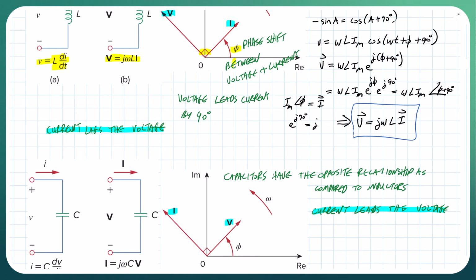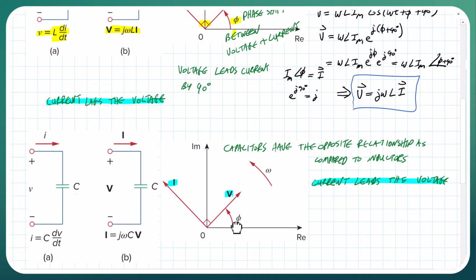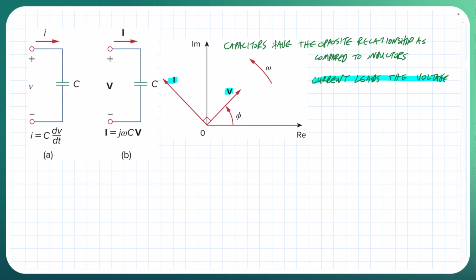And then we can further derive this here. Our relationship here, going from our time domain to our phasor domain, is this. Let's derive this as well. For the capacitor, we assume the voltage across the capacitor is v equals Vm cosine(omega t plus phi).